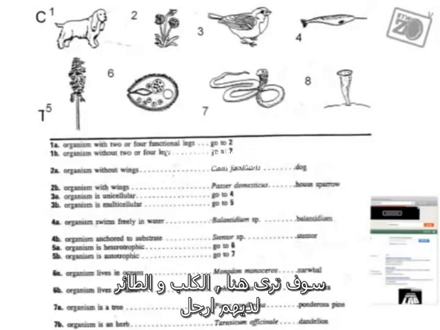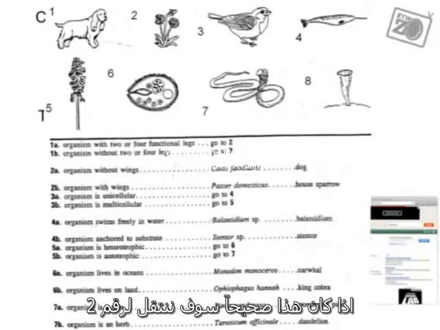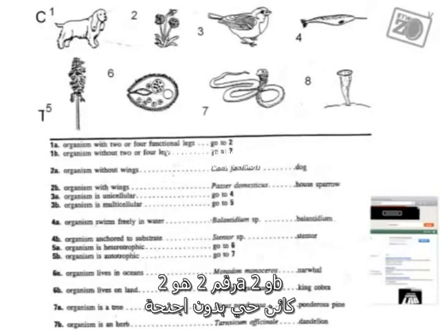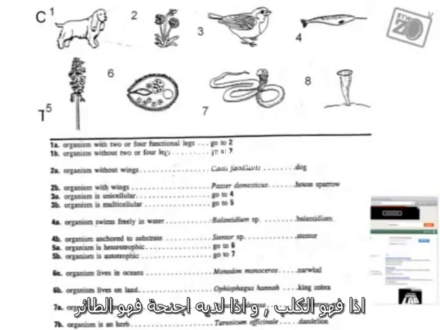So you can see, the dog, the bird, that's it. They have functional legs. So if we say that's true, we're going to go down to number 2. And in number 2, 2A, 2B says organism without wings, then it's the dog. And if it is wings, then it's the house sparrow.